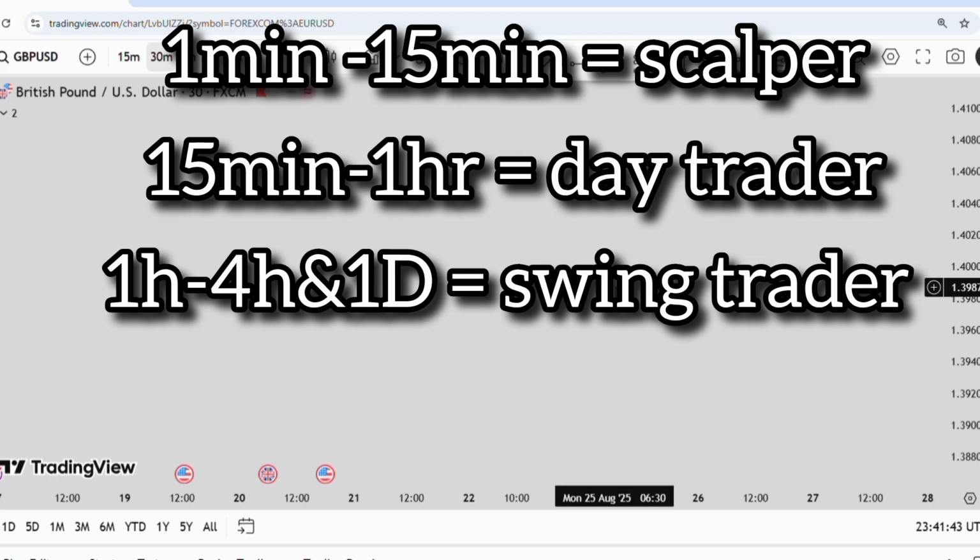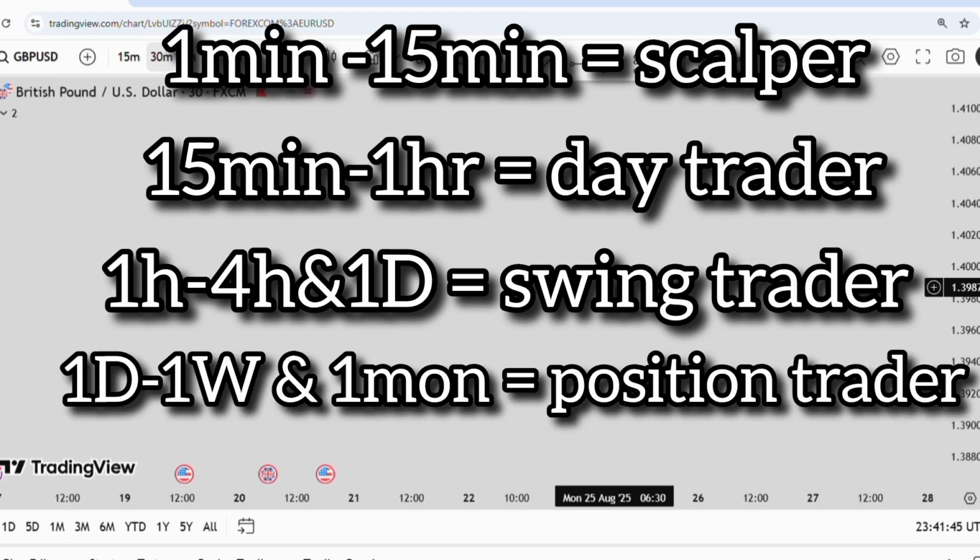And again, we also have a position trader, who focuses on the monthly, weekly, and daily time frames, because a position trader is someone looking to capitalize on long-term investment gain. All these also have their risks attached, because for a position trader, the risk is very small.